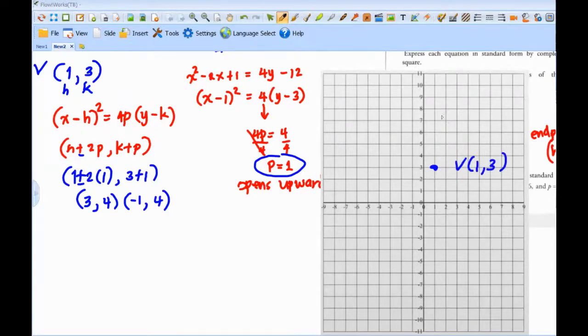And our latus rectum endpoints are 3, 4. So over here. And we have negative 1, 4. And the focus, it's here.